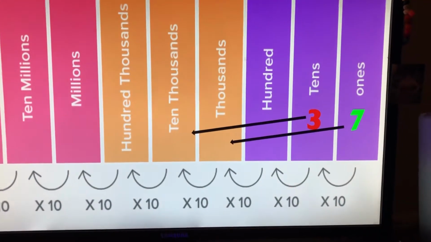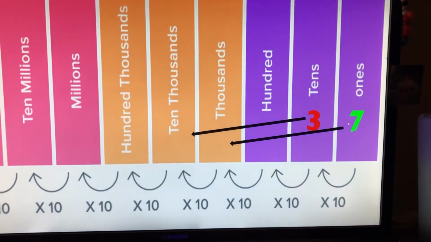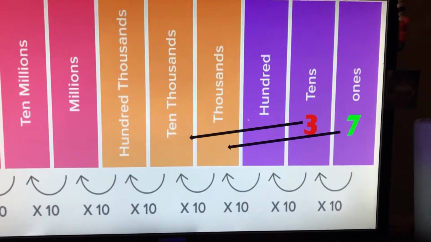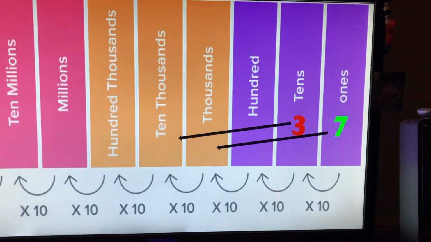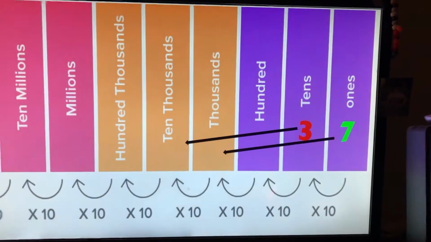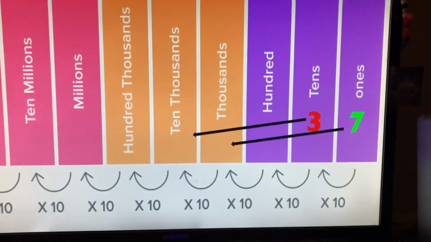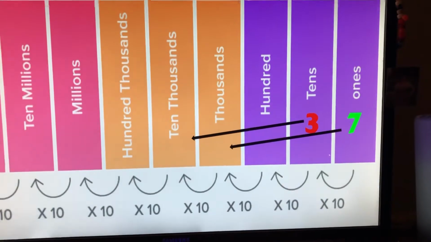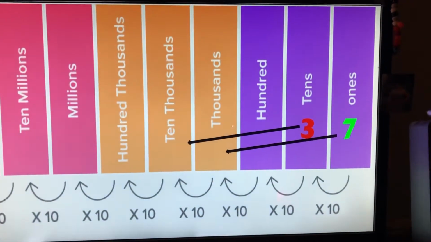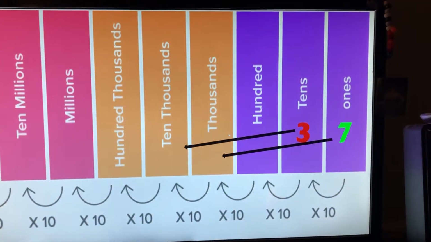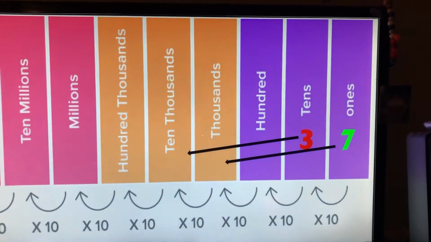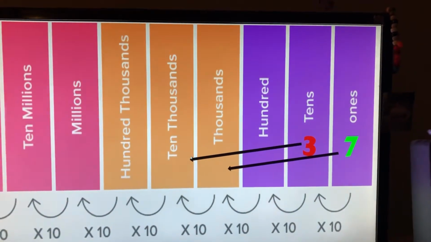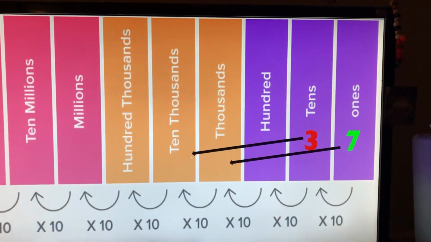Okay, one more time. We have that 37 marbles, but instead of 10 times or 100 times, what if there's 1,000 students? 1,000 students have 37 marbles. Because every line is times 10, 10 times 10 is 100, and 100 times 10 is 1,000. We know that from our base 10, and we're crossing 3 lines.